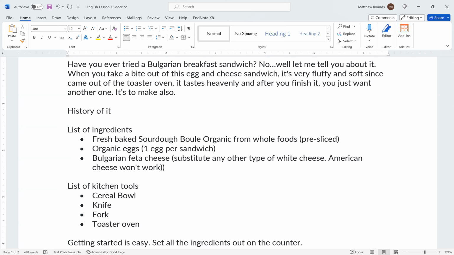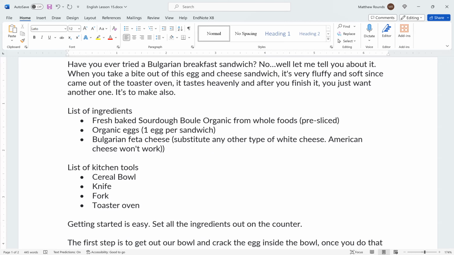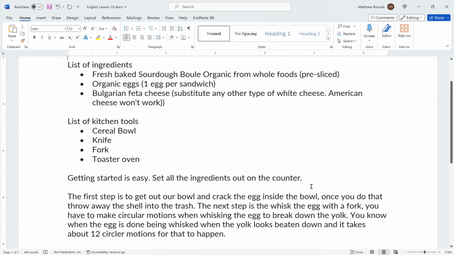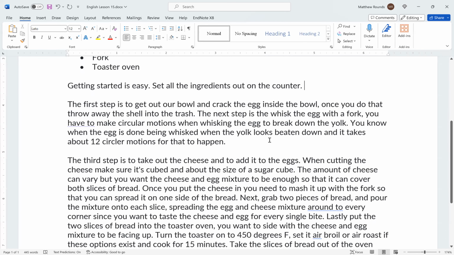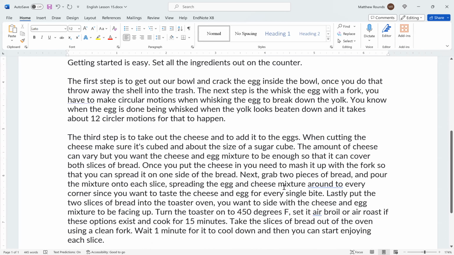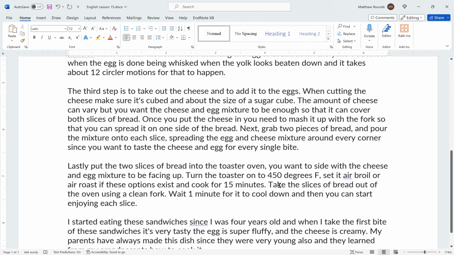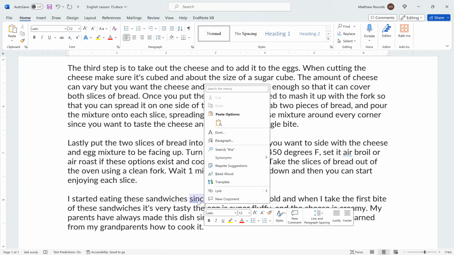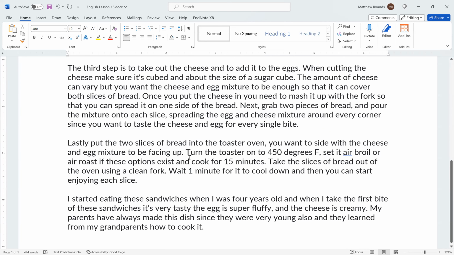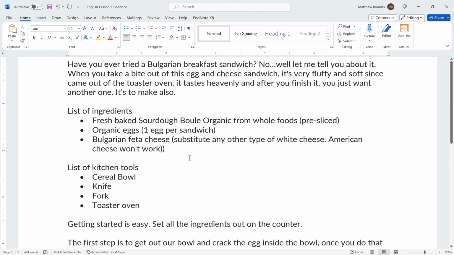All right. So there you go. You hit your mark here, 448 words. Let me remove that. I'm going to break apart some of these paragraphs here for you.